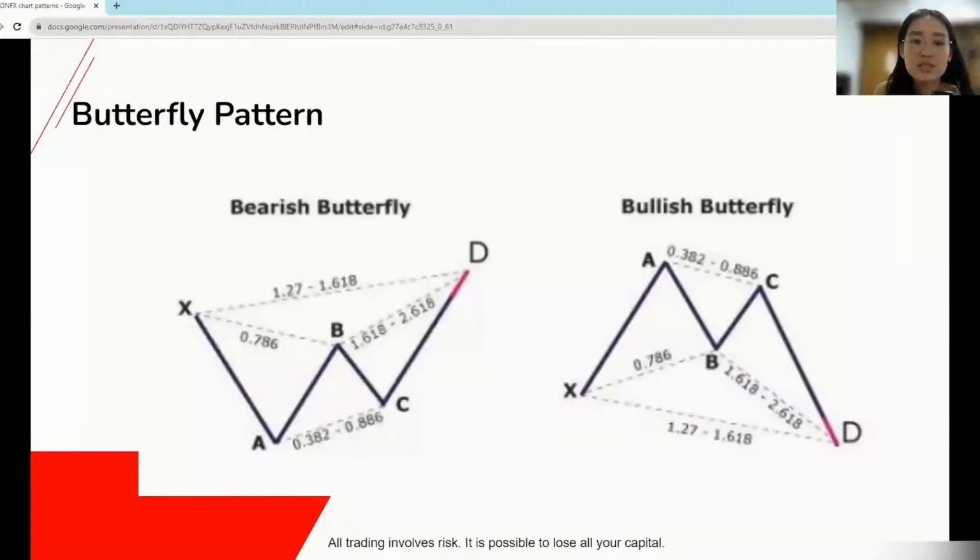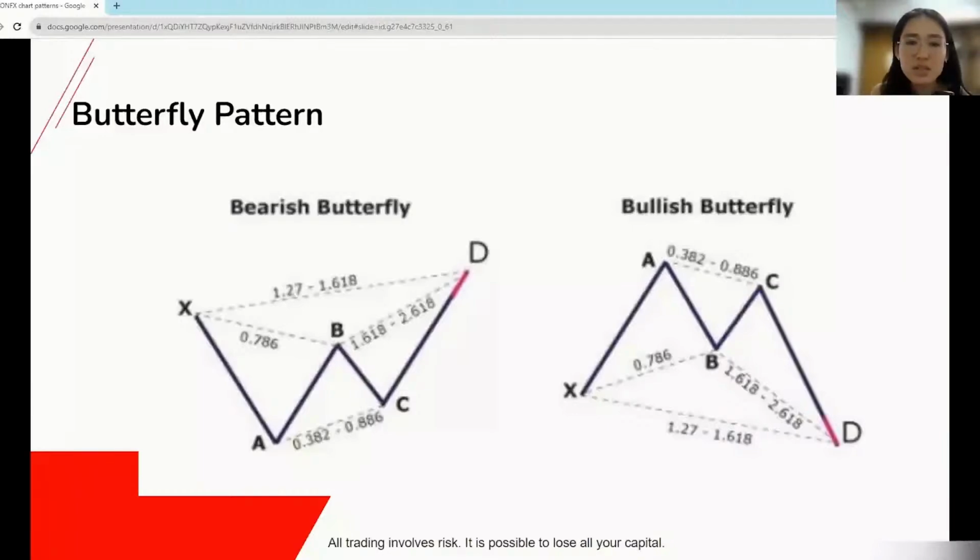Okay, butterfly patterns. So the butterfly pattern requires a retracement of the impulse leg XA by 78.6. Okay, you can take a look here. So I'm just going through the different types of patterns, but there are a lot of different types of patterns. You could probably Google it. But yeah, I'm just going through the different kinds of chart patterns that you can see.